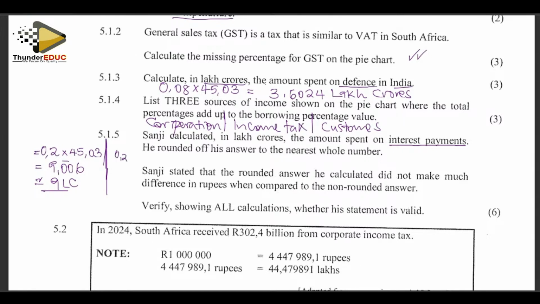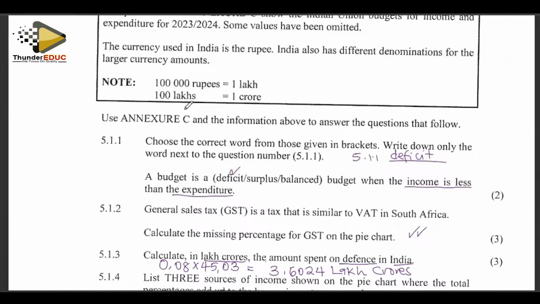I'll say 20% times this money here. This money has to change into rupees. Remember the conversion factor that you had up here. 100 lakhs equals 1 crore. There's a confusion here, because how can you convert this?